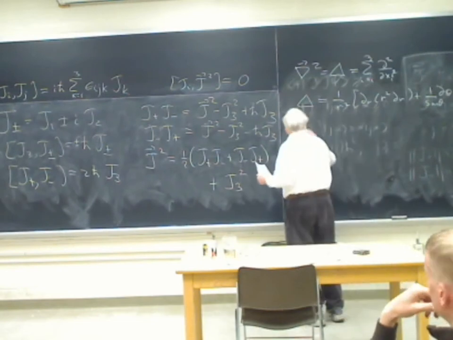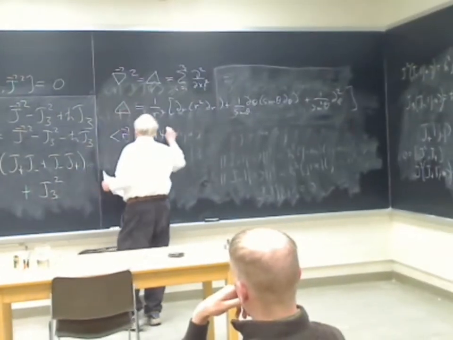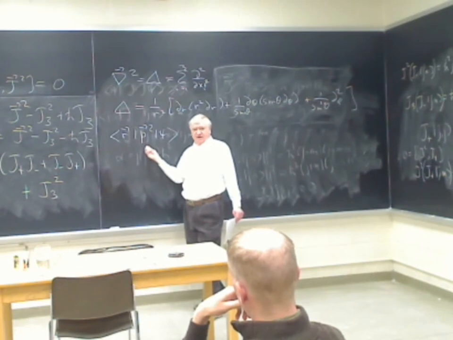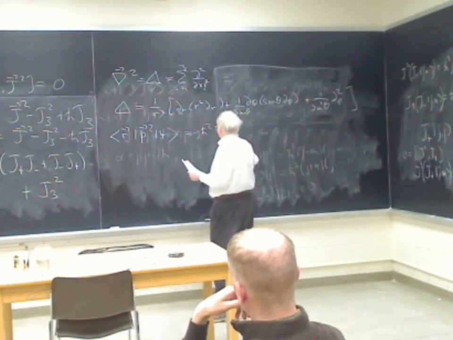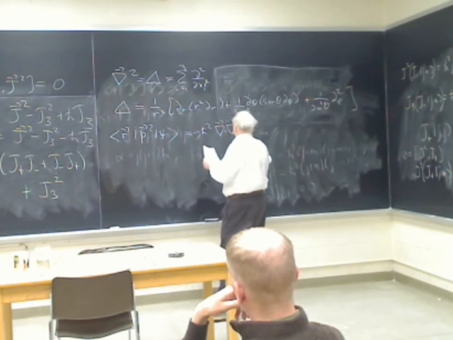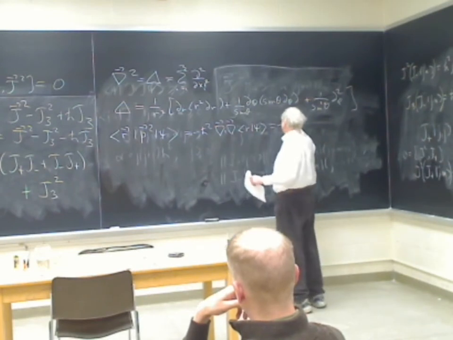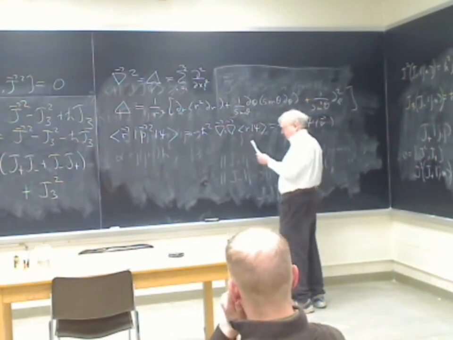Okay, so what is r dot p squared? Because this, of course, is the essential part of the kinetic part of the Hamiltonian for a single non-relativistic particle. And this is clearly minus h bar squared grad dot grad of psi of r, or equivalently minus h bar squared Laplacian psi of r, which is another way of saying it.